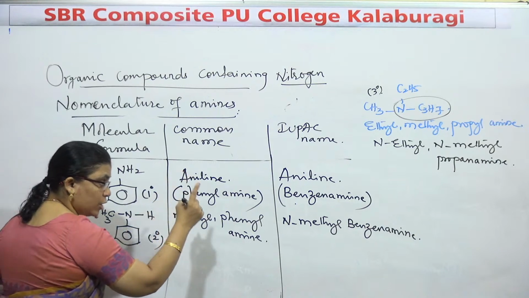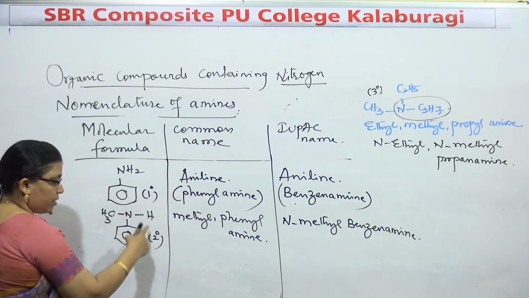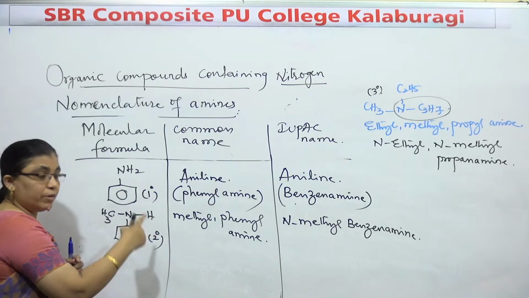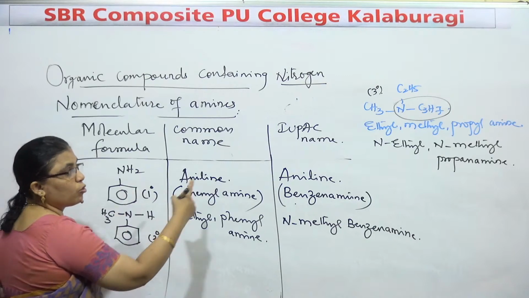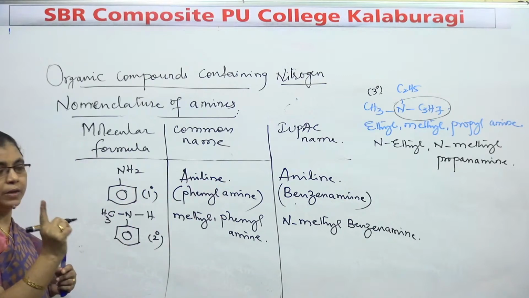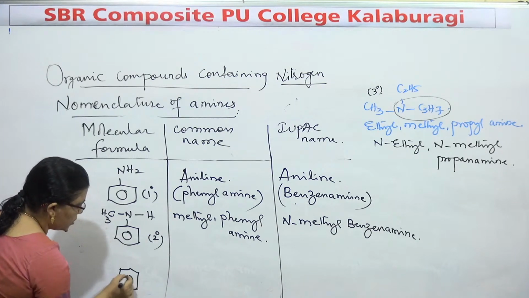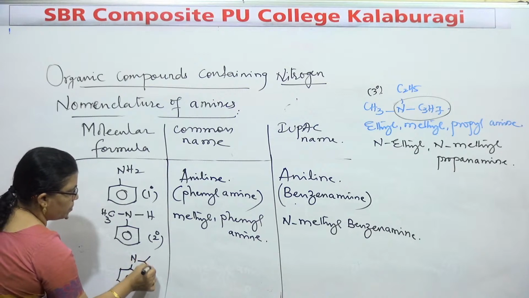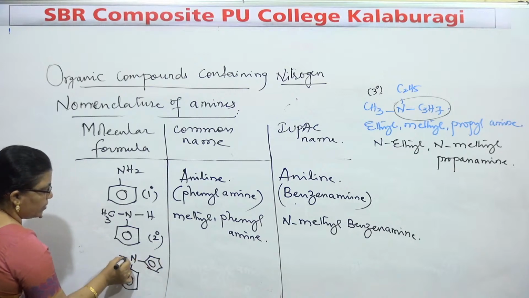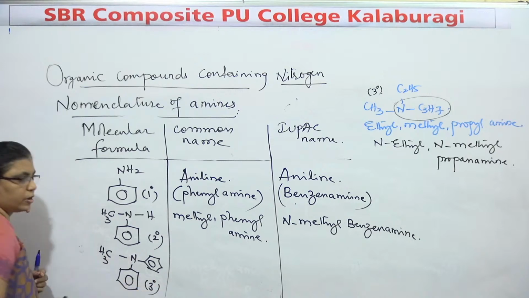Without understanding the nature, don't go for writing the IUPAC name. If I am going to take the tertiary amine where two phenyl groups are present and one side we may have methyl, this comes under which class? Tertiary amine.